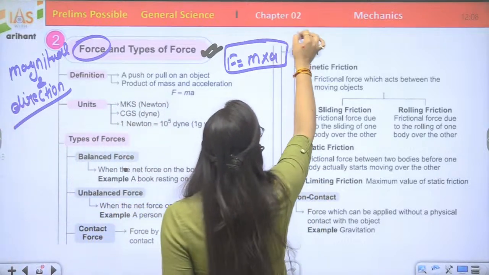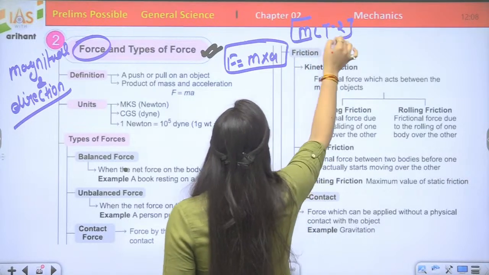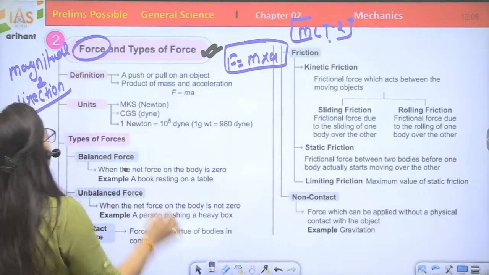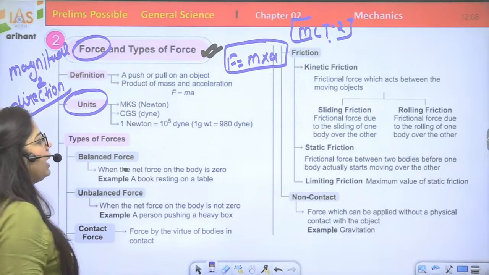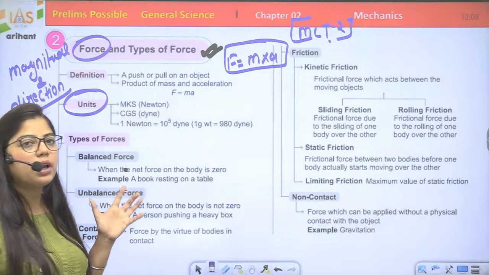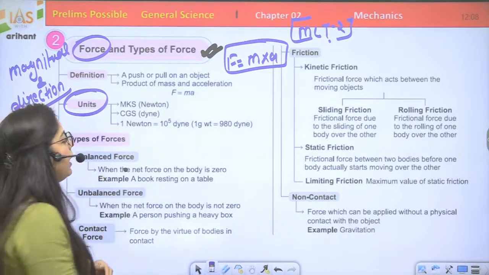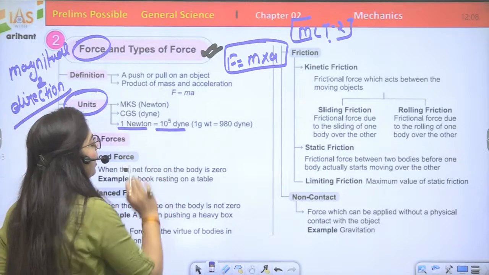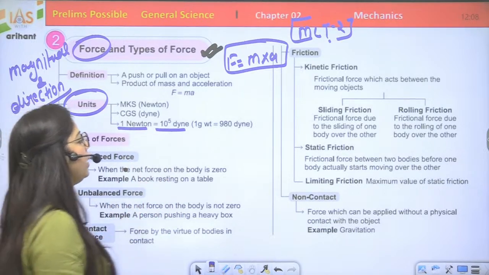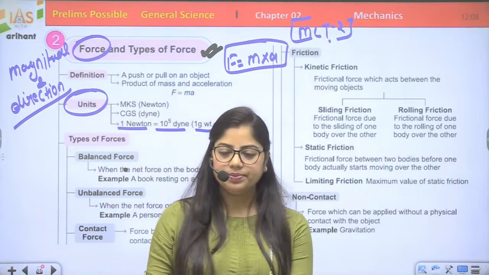The force dimension is MLT to the power minus 2. In the MKS system the unit is Newton. In the CGS system, the force unit is dyne, and 1 Newton is equal to 10 to the power 5 dyne, and 1 gram weight is equal to 980 dyne, right?